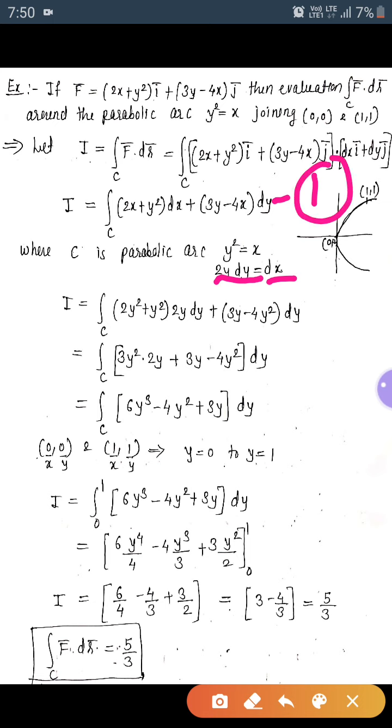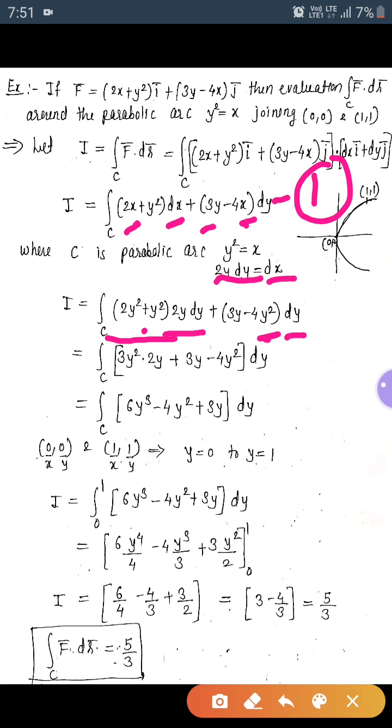So we get I is equal to the integral over C. Instead of x we have y squared. So 2 into y squared plus y squared as it is. Instead of dx we have 2y dy, plus 3y as it is, minus 4x can be written as minus 4y squared, and dy remains as it is.